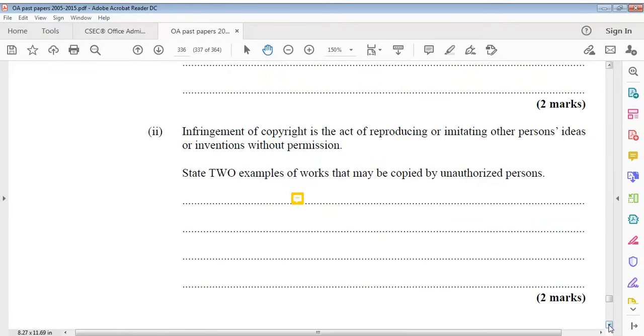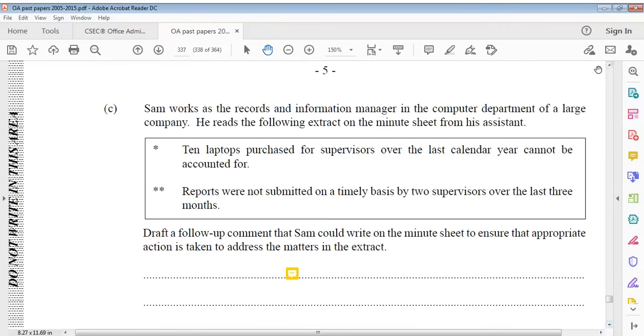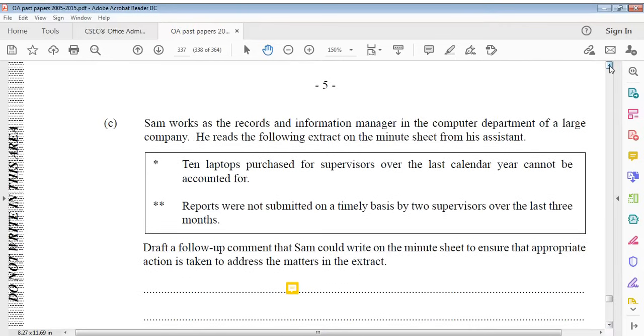Let's go on to question number 2C. Sam works as the records and information manager in the computer department of a large company. He reads the following extract on the minute sheet from his assistant.